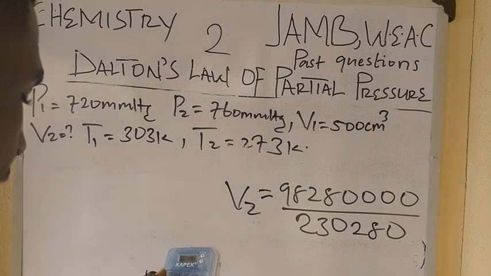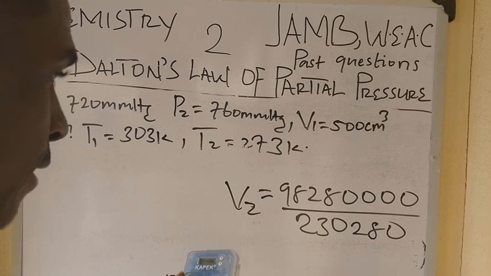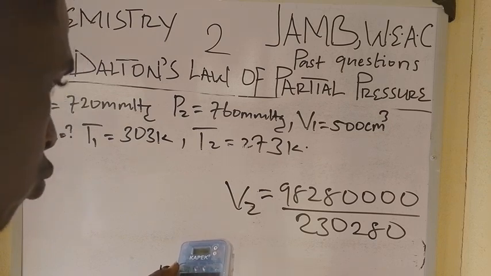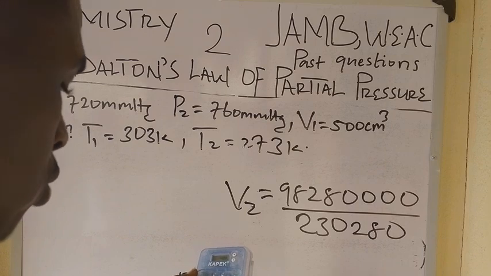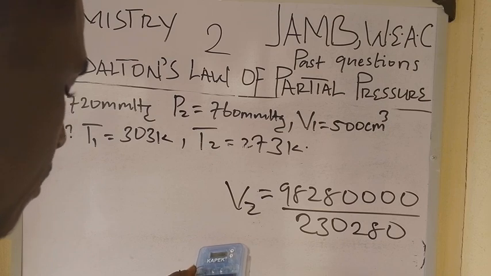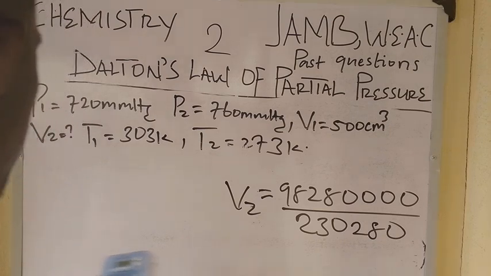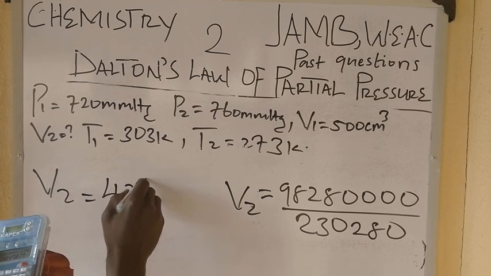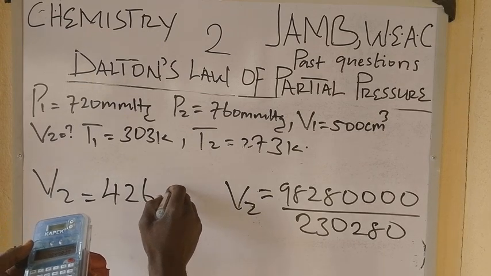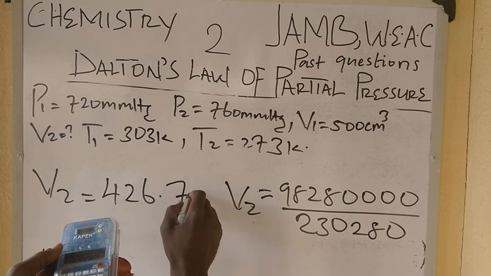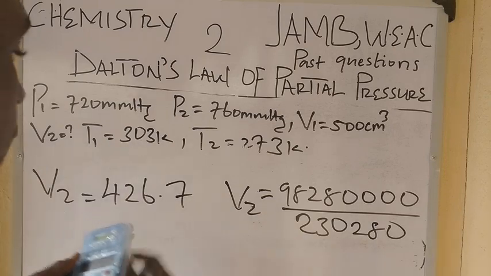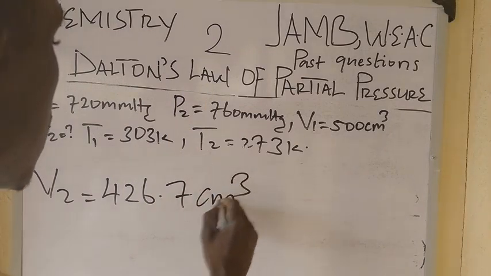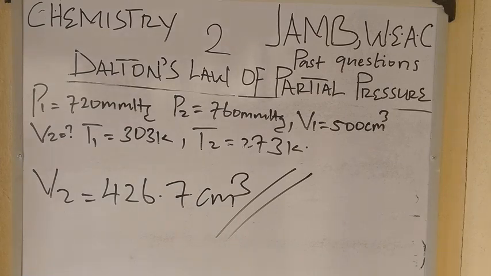So we have 98280000 divided by 230280. This gives us V2, then, is going to be 426.7 cm cube.